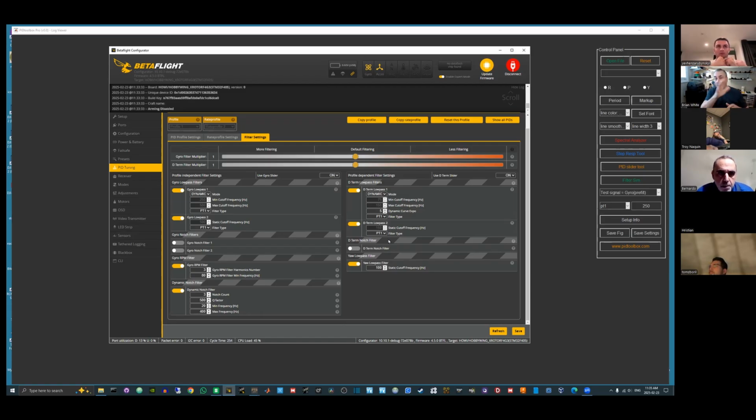Let me be clear with this: if you're looking at, say, a racing log file where you have a really aggressive pilot on the roll axis, you're going to see energy right up into even 100 hertz go up. So don't forget that it's not an all or none thing. It's not like everything below 20 hertz is you and everything above it is not you. It's a continual gradation.